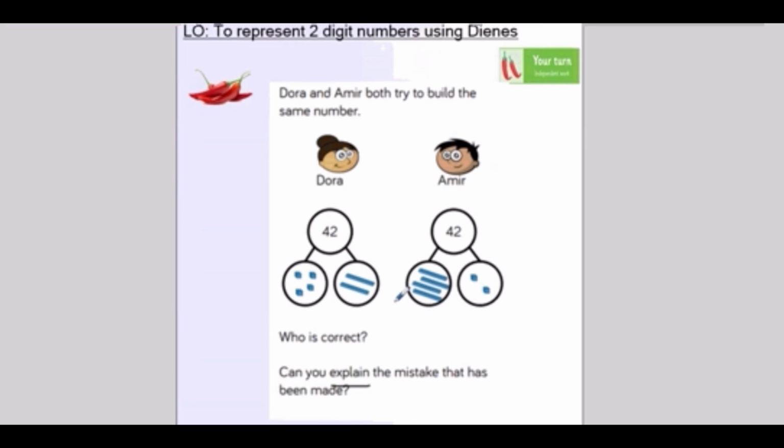This is where we can use our maths thinking stems. For example, I know because, I think because. It's a really good way of getting our verbal reasoning skills better by using those stems. I know Dora is correct because. I know Amir is correct because.